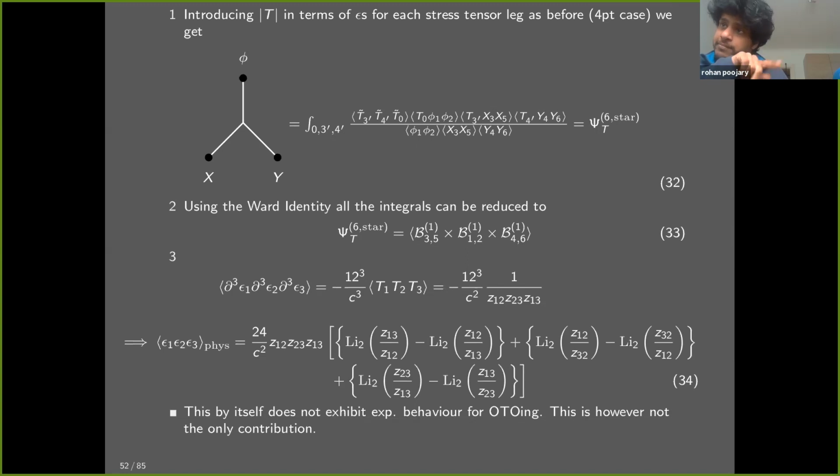But this point of maximally out of time ordering, which involves all the operators, that is very special to n-point correlators. There is a time ordering in which x and phi are out of time ordered, phi and y are out of time ordered, but x and y are time ordered.